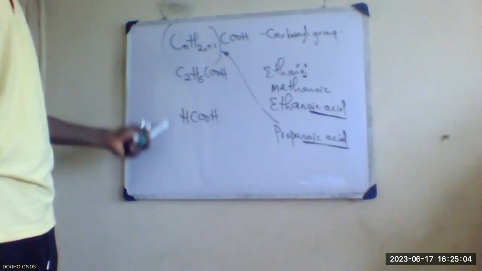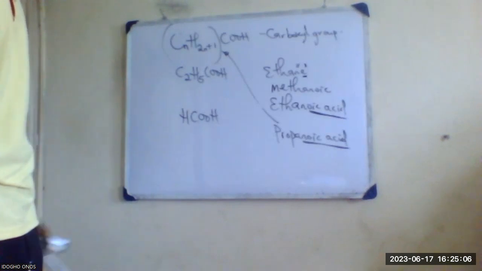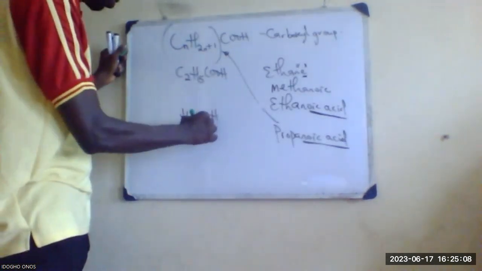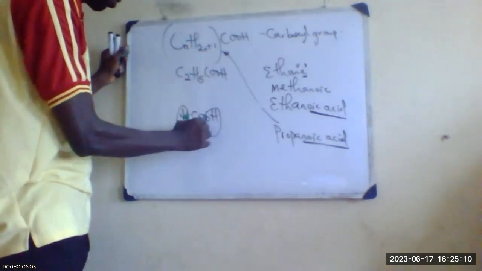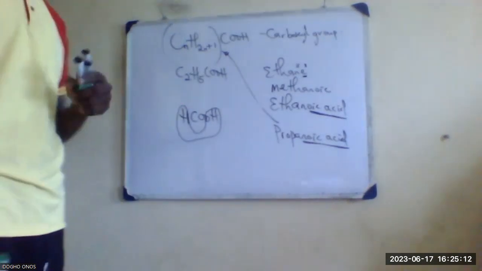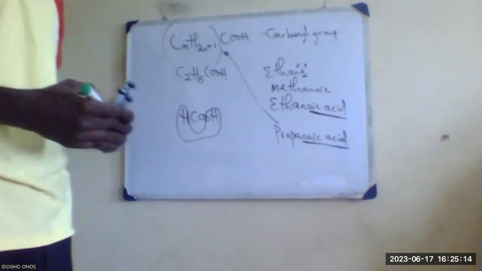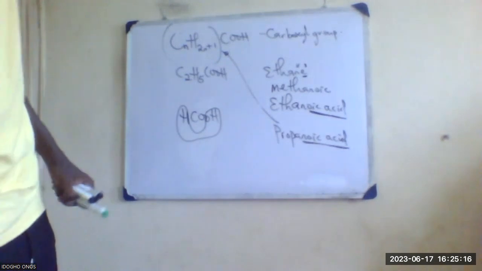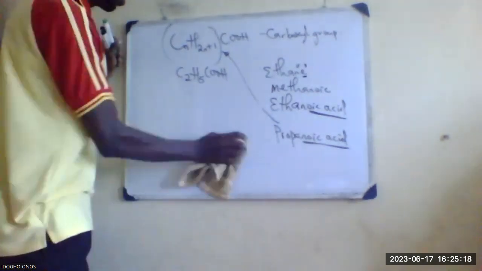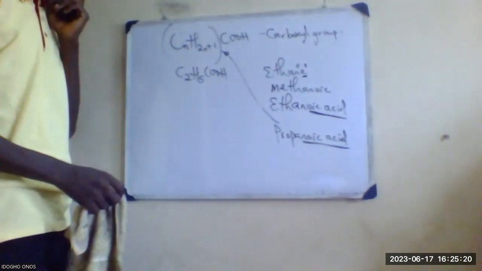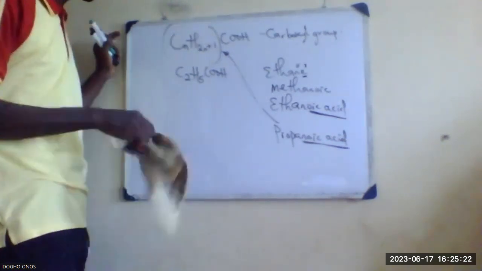That is, the dehydration of methanoic acid will give you carbon(II) oxide. If I remove this and this, I'll be left with CO, which is carbon(II) oxide. So this is methanoic acid. Any question?